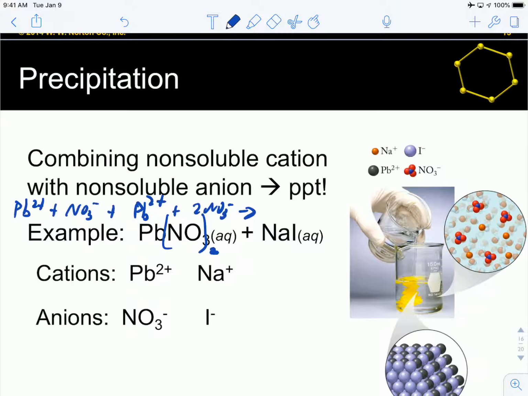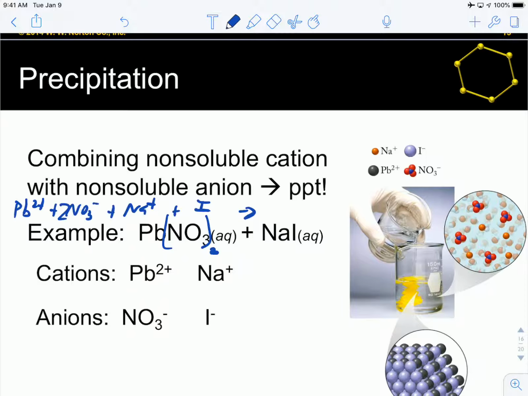Running out of room here. Oh, wait a second, I wrote the lead nitrate. This should be sodium here. Let's get rid of this and make that sodium ions. And I wrote nitrate twice also. Unbelievable. And it's back here, sodium iodide, that's fine. But that should be lead. This should be 2 nitrate here. Okay, there should be 2 lead nitrate.